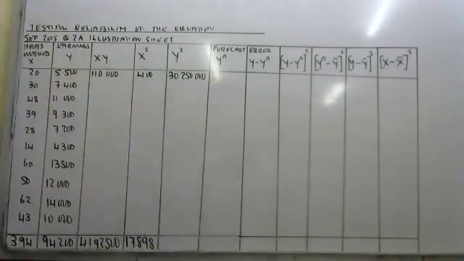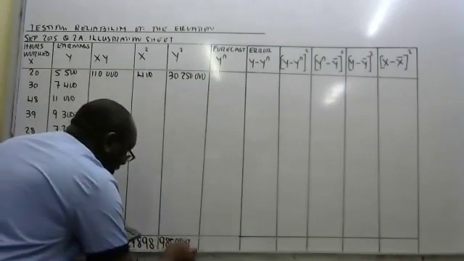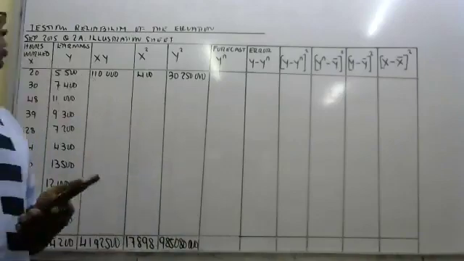So now continue plus 7,400 square plus 11,000 square plus 9,300 square plus 7,200 square, first you can say equals, because these are big, plus 4,300 square plus 13,500 square plus 12,000 square plus 14,000 square plus 10,000 square. The answer is 985,080,000.